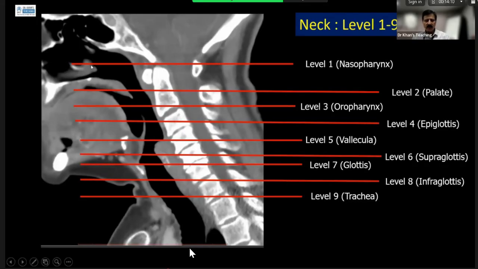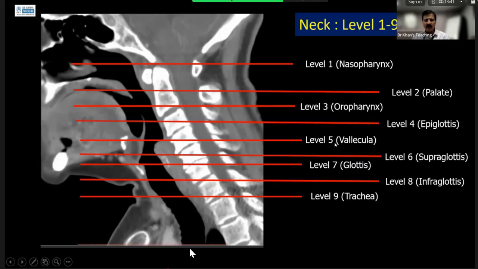So these are the levels which I call level. Level 1 is nasopharynx. We are passing through nasopharynx. Level 2 is palate. It all depends on your patient. It might be a bit drooping here and you might get slightly different than what you learn here. Then what I call the oropharyngeal level, where we are passing through the tongue. Then the level of epiglottis, where posteriorly the epiglottis will be visible.